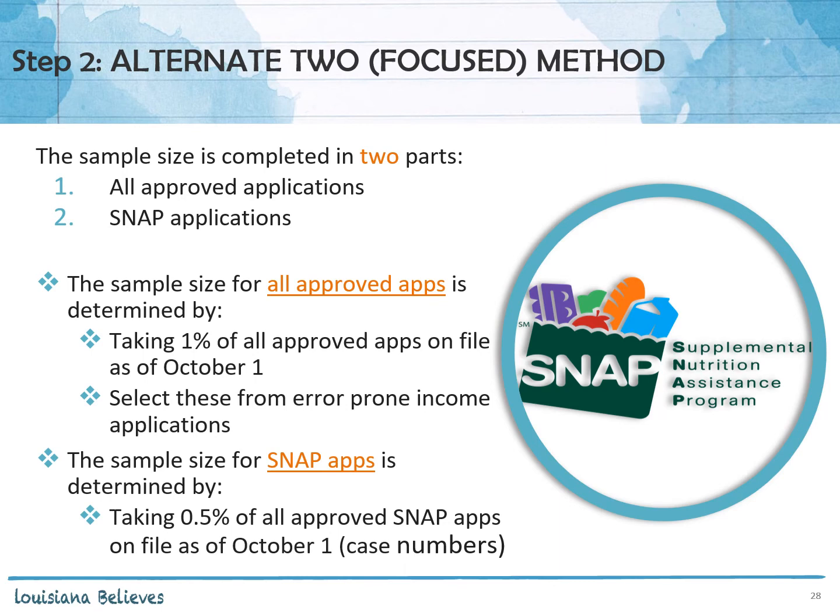For the alternate 2 method, your sample size will equal the lesser of the sum of either 1,000 of all applications approved by the LEA as of October 1st of the school year, selected from error-prone applications, or 1% of all applications approved by the LEA as of October 1st of the school year, selected from error-prone applications, plus the lesser of 5,400 applications approved by the LEA as of October 1st of the school year, which provide case numbers in lieu of income information, or 0.5% of applications approved by the LEA as of October 1st of the school year that provide case numbers in lieu of income information.